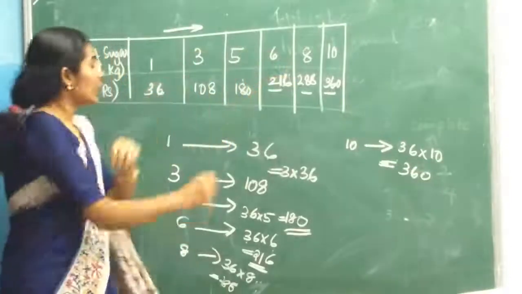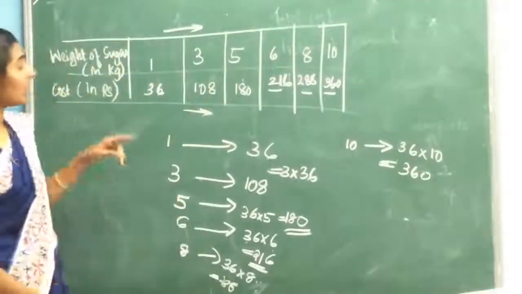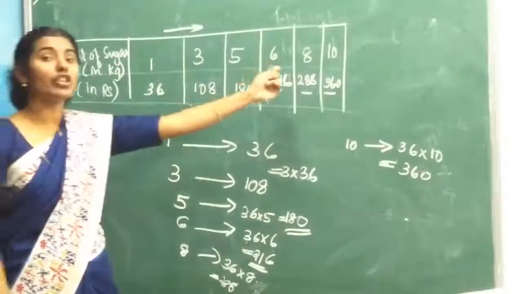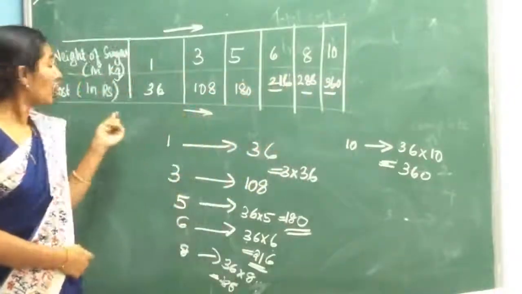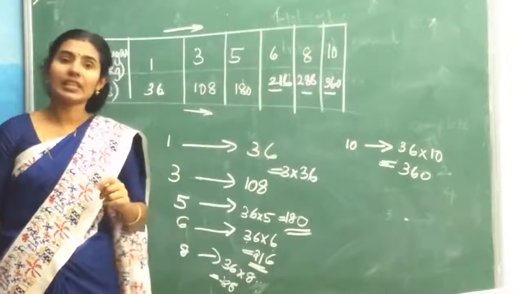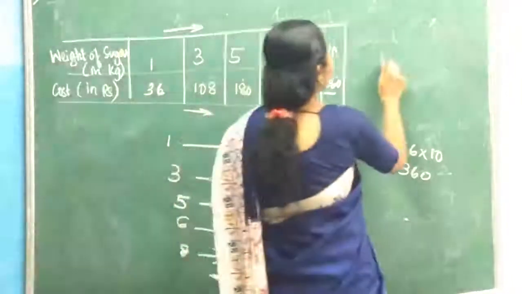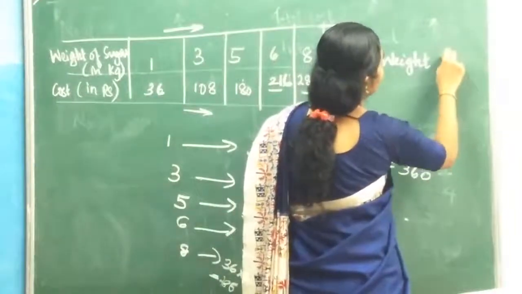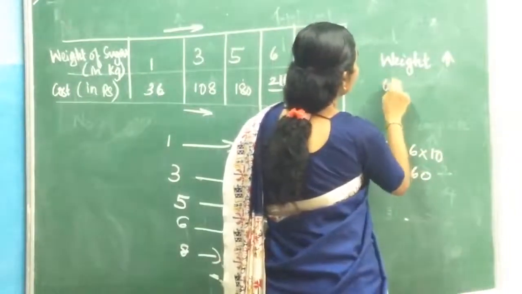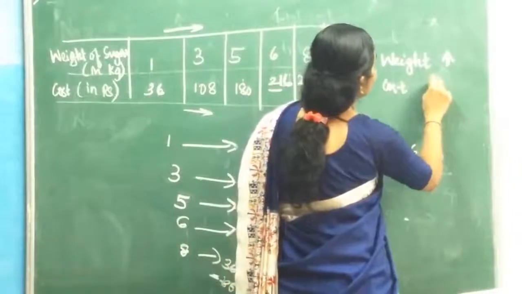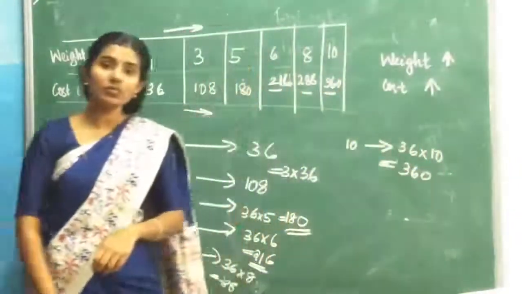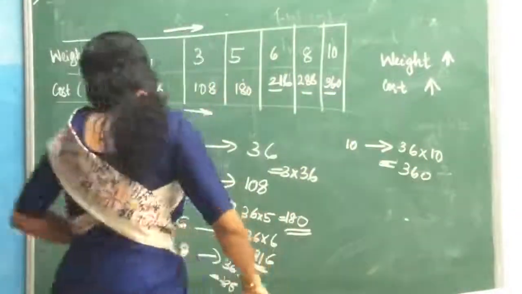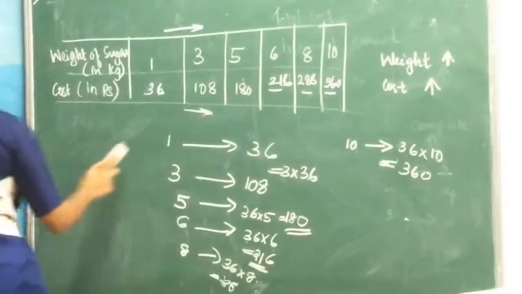The cost also increases, isn't it? Corresponding to the weight, the cost is increasing. Now you should take the ratio of these two quantities.